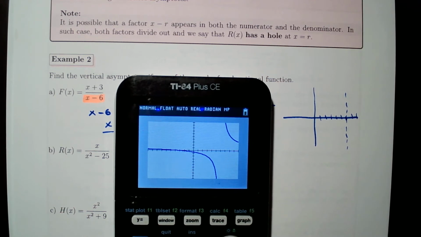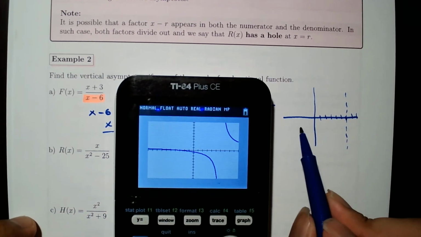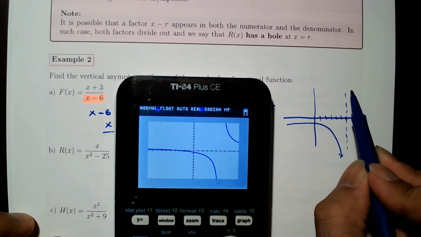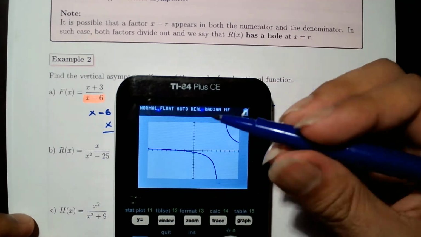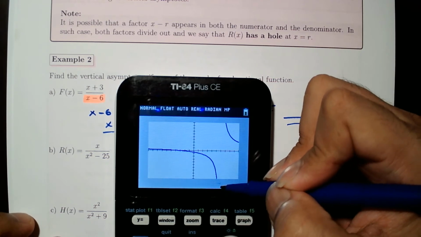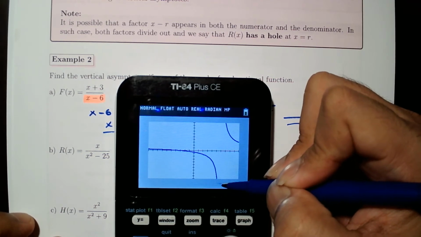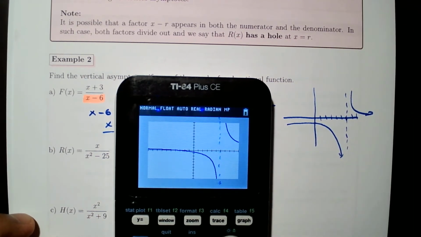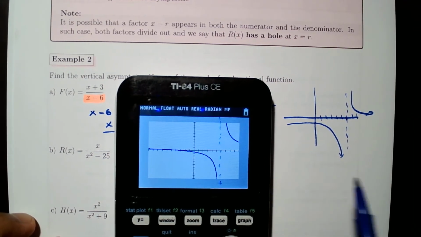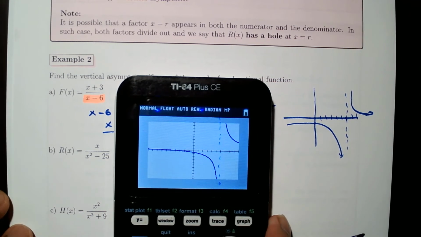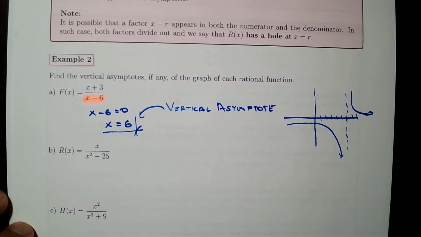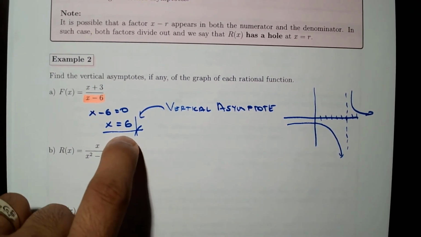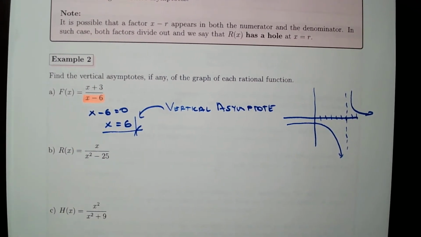See how the graph looks like this. The asymptote would be somewhere here; I'm going to write on the screen of my calculator. That's the value the function cannot take, and it coincides with the values for which the rational function is undefined.